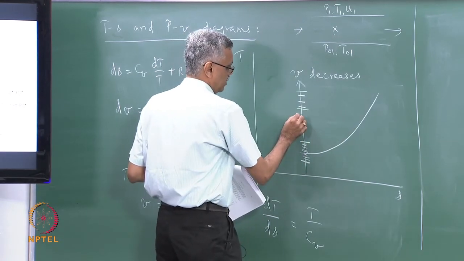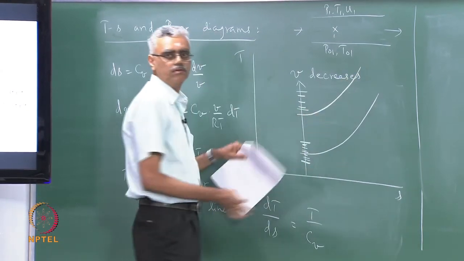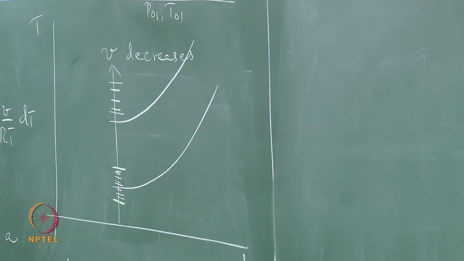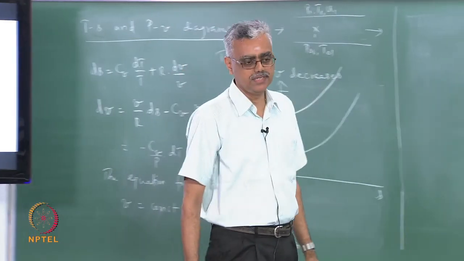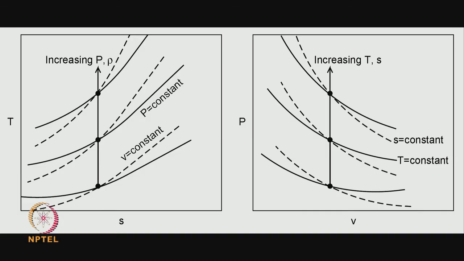That is what is depicted in the figure on the left in this diagram. The V equal to constant lines are shown dashed, and you can see that the slope is shallow at low values of temperature and becomes steeper as the temperature increases. So all the information that we discussed is shown here graphically.